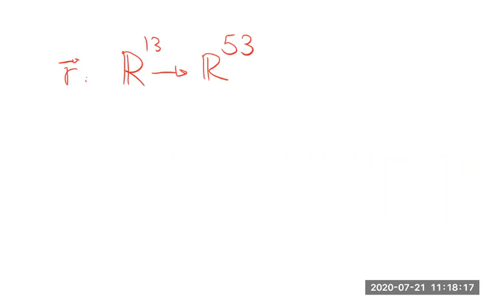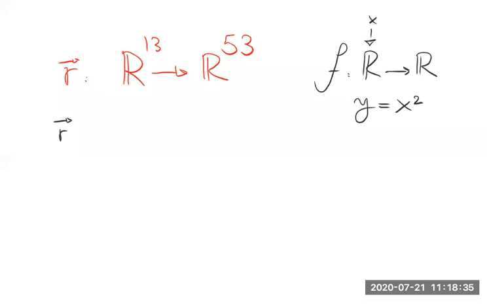I'm looking at the most basic examples of functions. We've seen before the functions from R to R, right? The functions we've seen in Calc 1 or in high school, for example y equals x squared. Here the variable in the domain is x, the variable in the codomain is y.